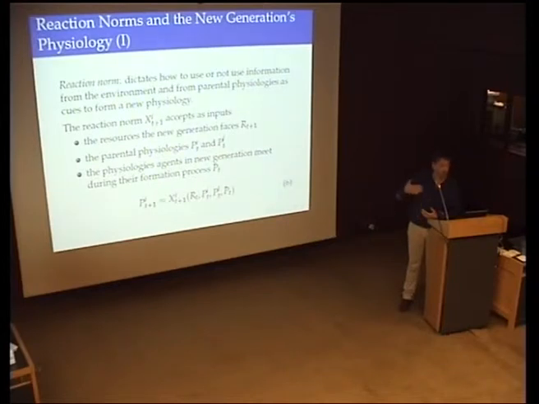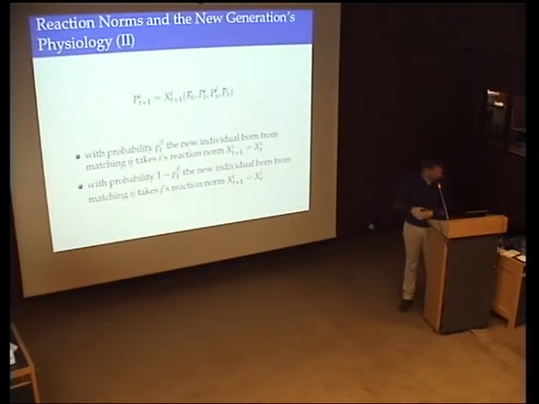That means if there are some maternal cares or some transmitted values, depending on the problem we are analyzing, parental physiologies may actually play a role in offspring physiology. And there can also be an aspect of all the other agents' physiologies. In some social science problems, these are the peer effects, for example. So actually, a reaction norm dictates how physiology is formed depending on the environment and on other agents' physiologies.